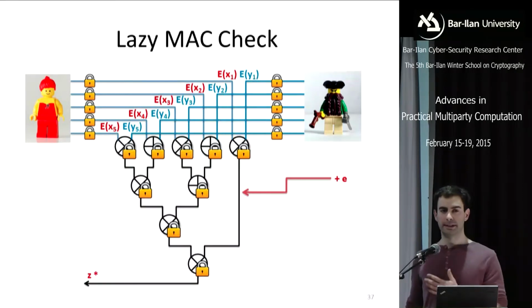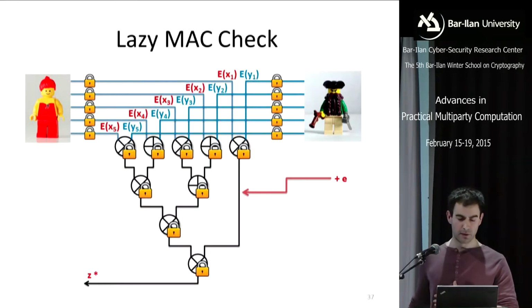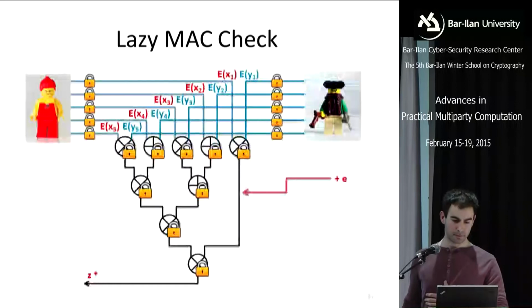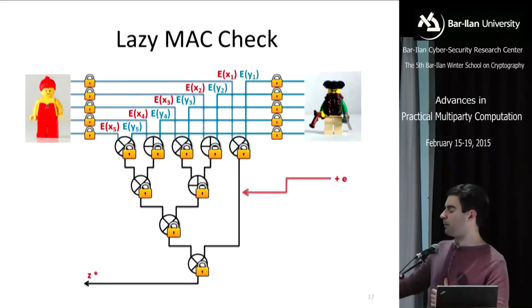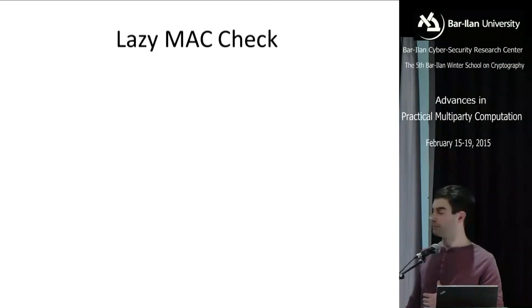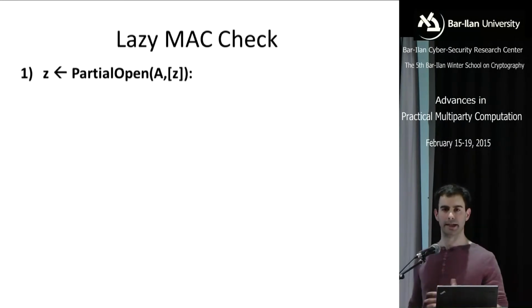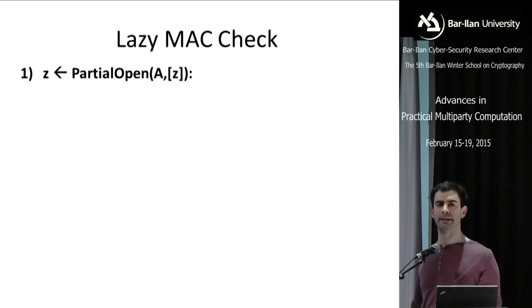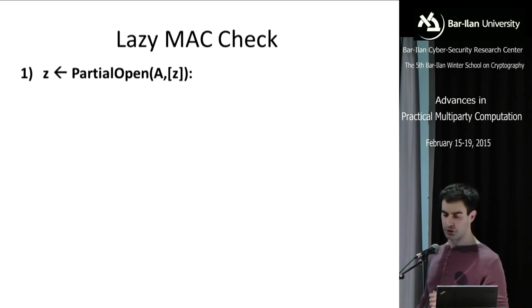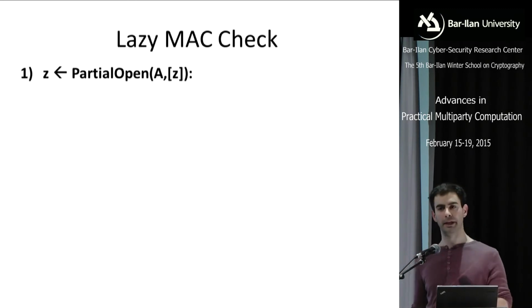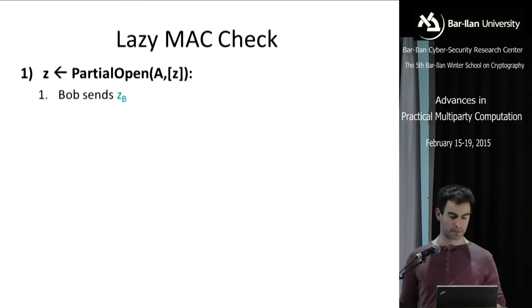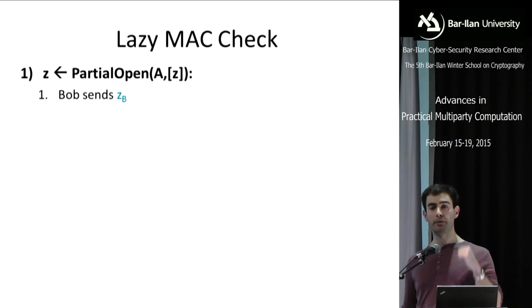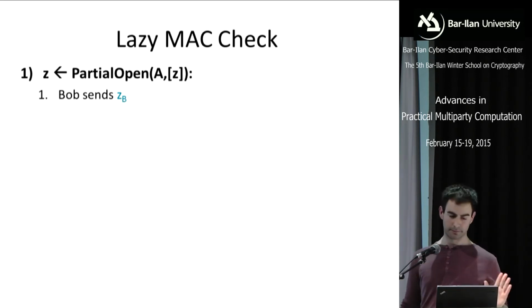Which means that we can do this other trick, this idea of doing lazy MAC checks, which means that every time we evaluate a multiplication gate, we don't need to send the MACs together with the shares. Instead of using the open function that I defined before, we use a different function, which is called partial open. A partial opening of a value z in a box says that Bob should send his share to Alice. That's it.